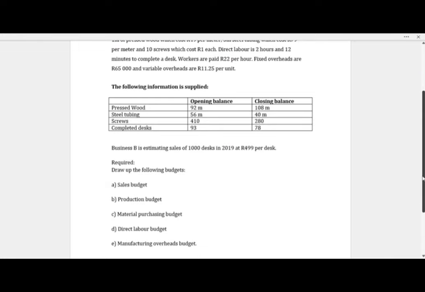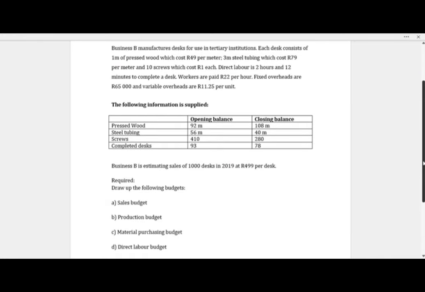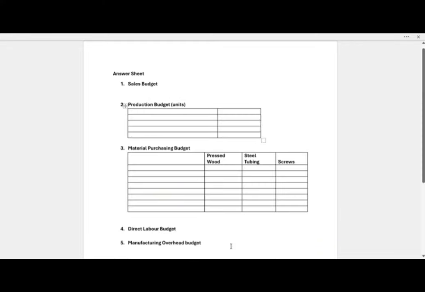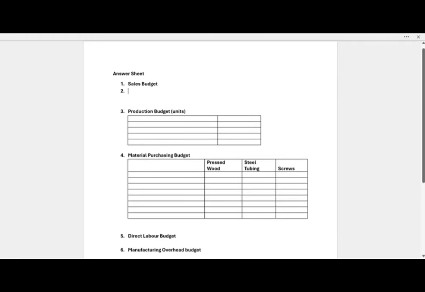All right, so I want us to start and prepare with the information provided in this question to calculate the sales budget. As we go to our answer sheet, this is how we calculate our sales budget.